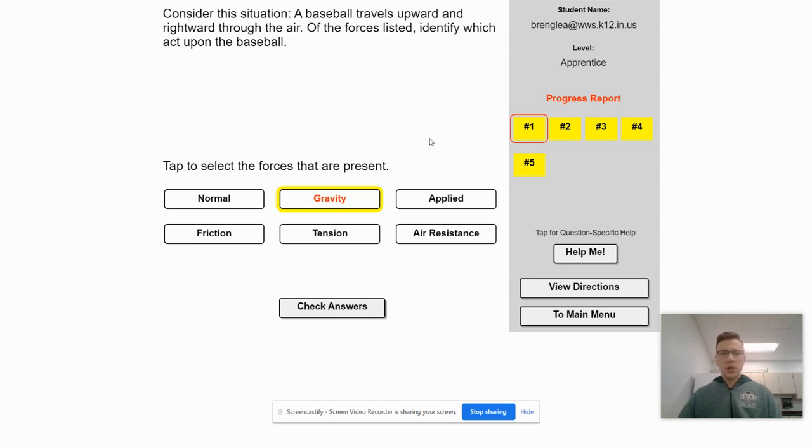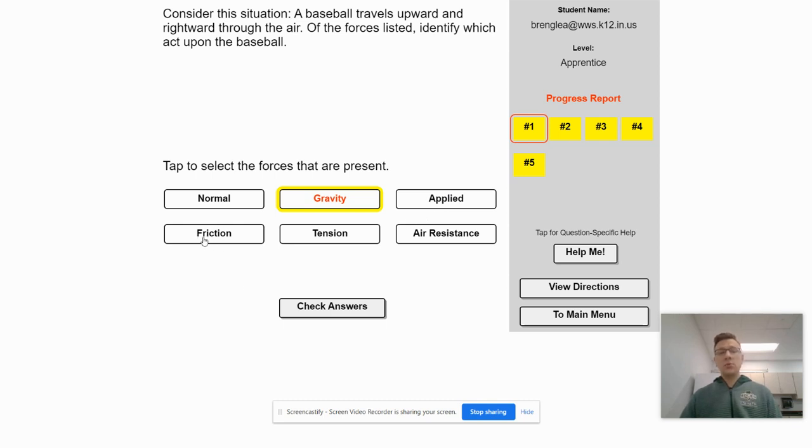It depends on what the force diagram is focusing on. So in this one, yes, the baseball had an applied force on it initially, whether it was somebody throwing the ball or a baseball bat that hit the ball. But this says that the ball is in the air, so there's no one actively pushing or pulling on the baseball, so we will not choose applied force.